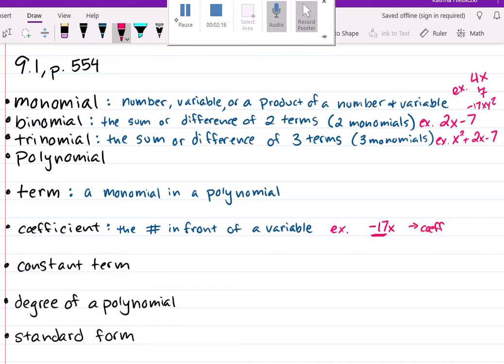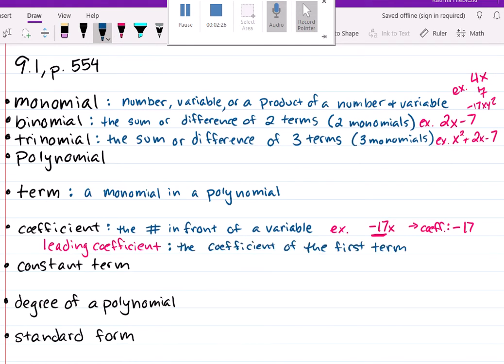There is another more specific type of coefficient, and that is a leading coefficient, which is the coefficient of the first term. A leading coefficient is going to be arguably one of your most important coefficients in an entire polynomial. We're going to be looking at that.